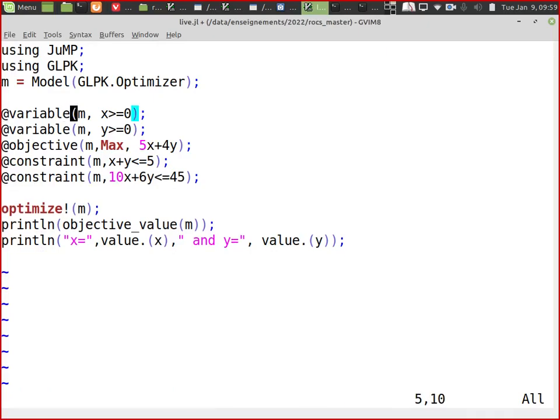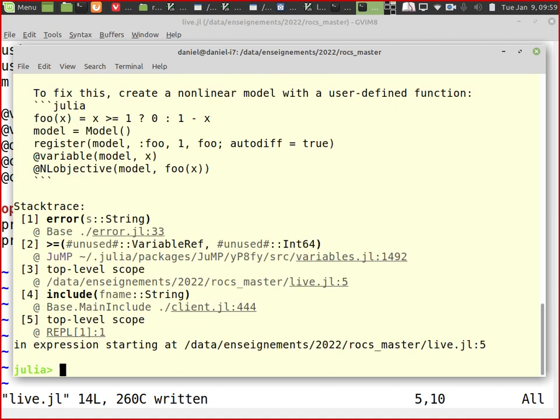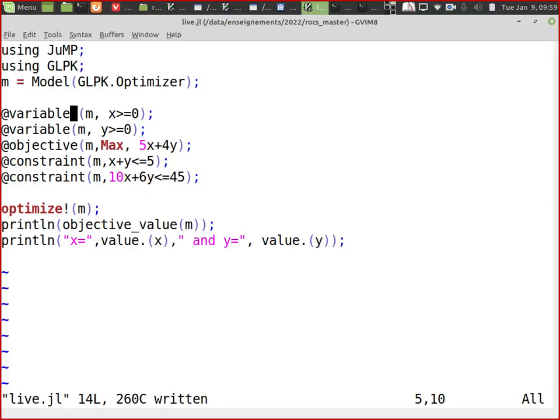Pay attention when you write things here. Sometimes the spaces are important in Julia. Yes, that's the next question, because when I give a space, the result is different. If I just put a space after a variable, it does not like it.